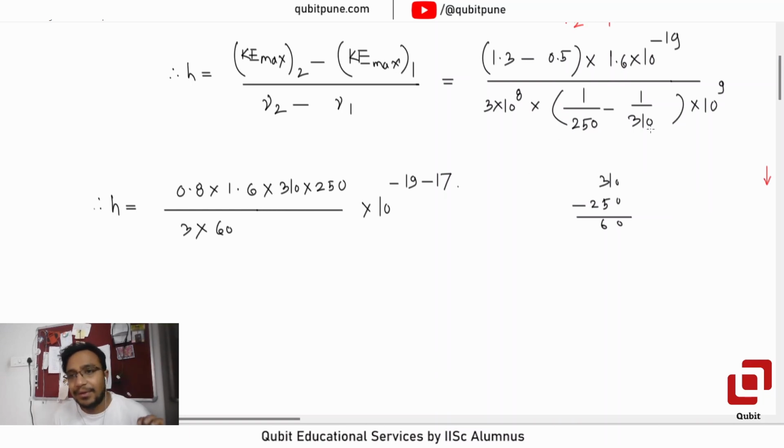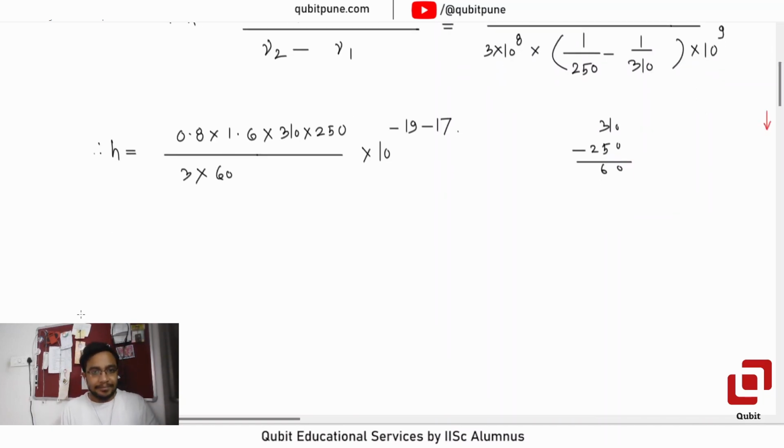Raise your hands if you understood what I did. 310 minus 250, that is 60, and 250 into 310 will go in the numerator. Now this 0 and this 0, we can cancel each other.